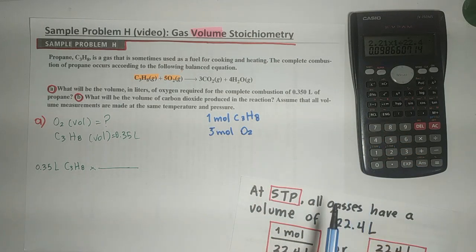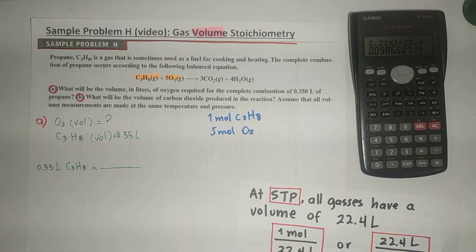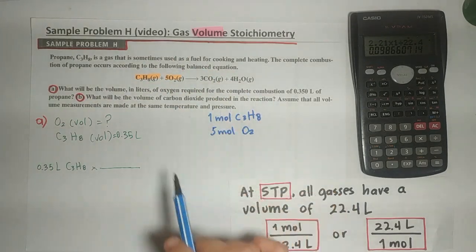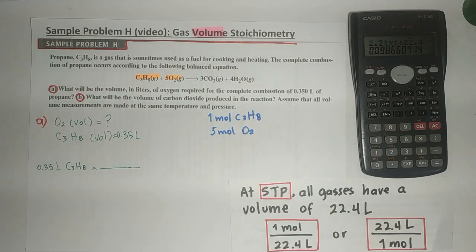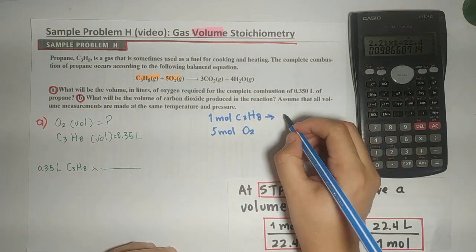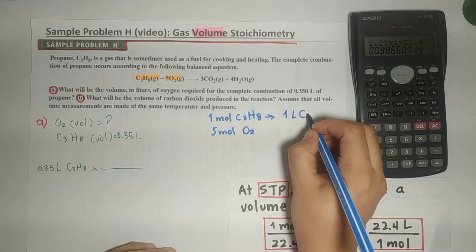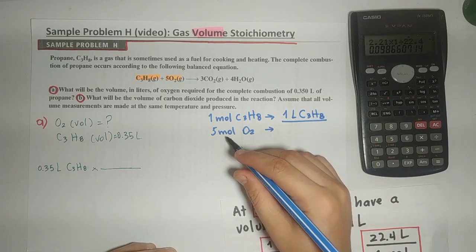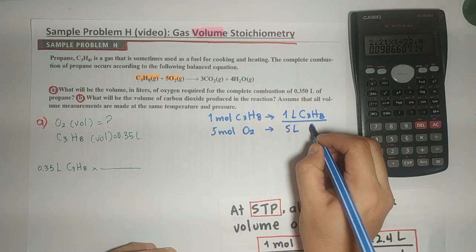Now we can convert this also. Okay, now we can use the same relationship that we used to do with moles, but now, as I told you in the presentation, instead of moles, here in this type of problem we're gonna use liters, because this is a volume relationship. So instead of moles, we're gonna say 1 liter of propane against, instead of 5 mole, 5 liters of oxygen.